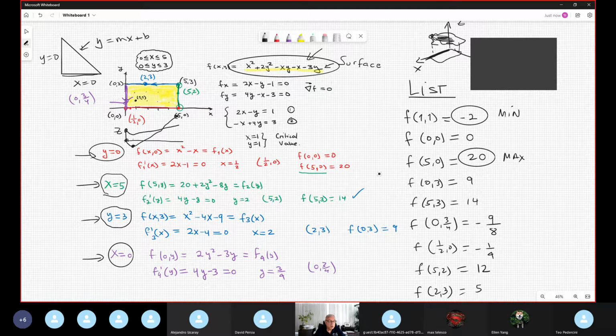You keep x as x, and y you replace with the equation for this line, so you get a new function depending only on x, and it gives you the z value of the surface intersecting with this plane.